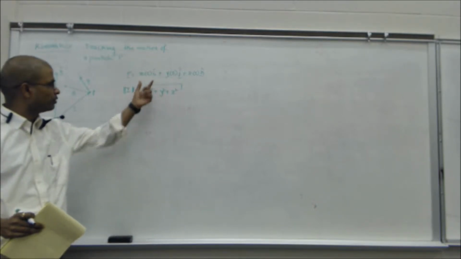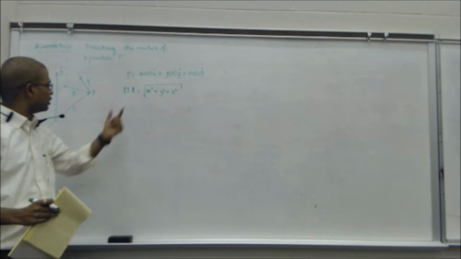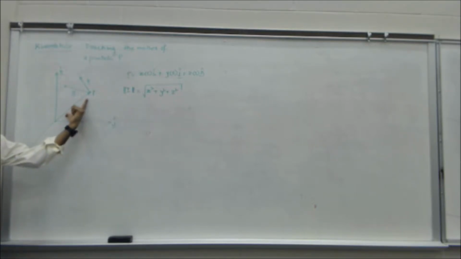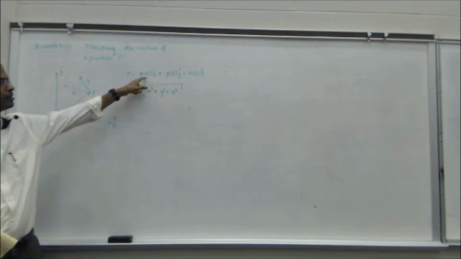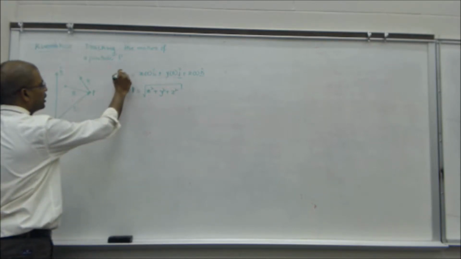I'll get to that, but now you have to understand this particle is in motion, okay? And we are trying to track the position at a given instance of time. So that is that t. So you can think about this as r of t.